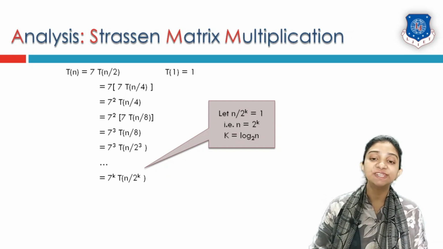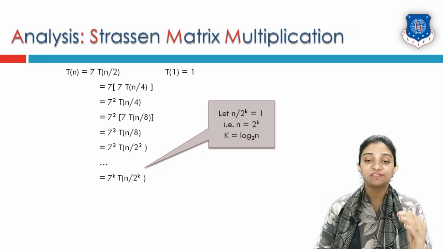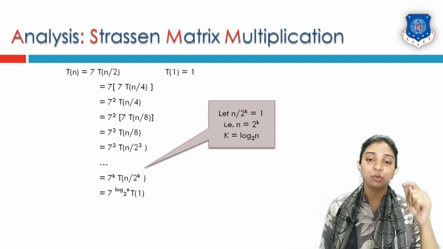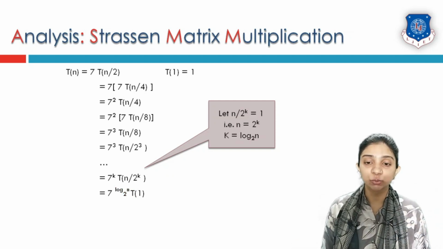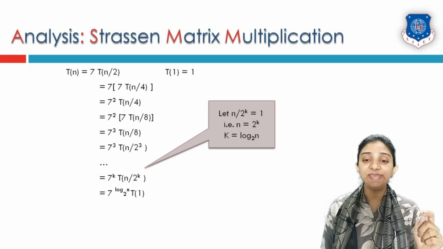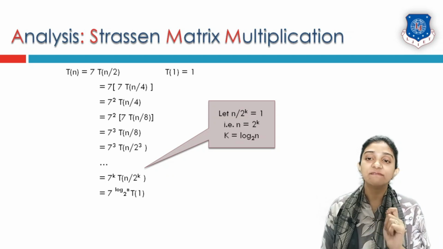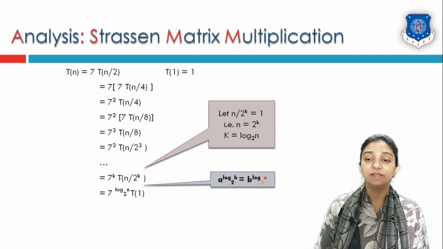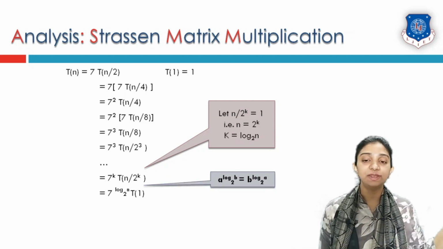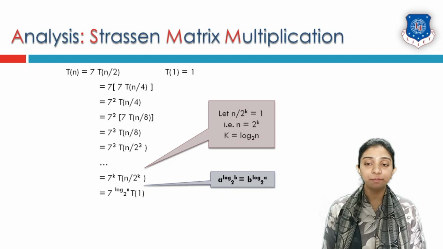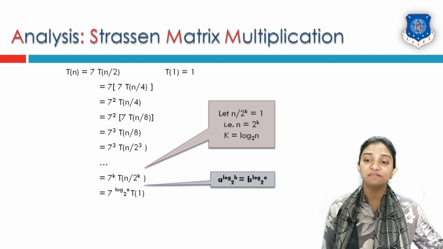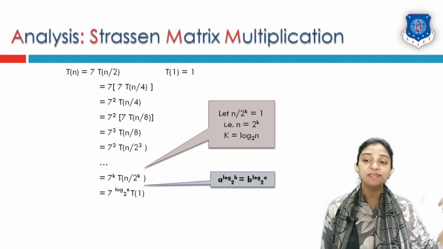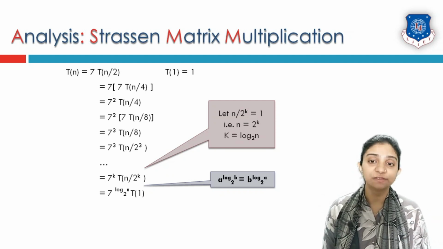So let us substitute these values. Instead of 7 raised to k, we will write 7 raised to log of n to the base 2. And instead of T of n by 2 raised to k, we will write T of 1. So this will give us the given expression. Now remember, a raised to log of b to the base 2 is equal to b raised to log of a to the base 2.